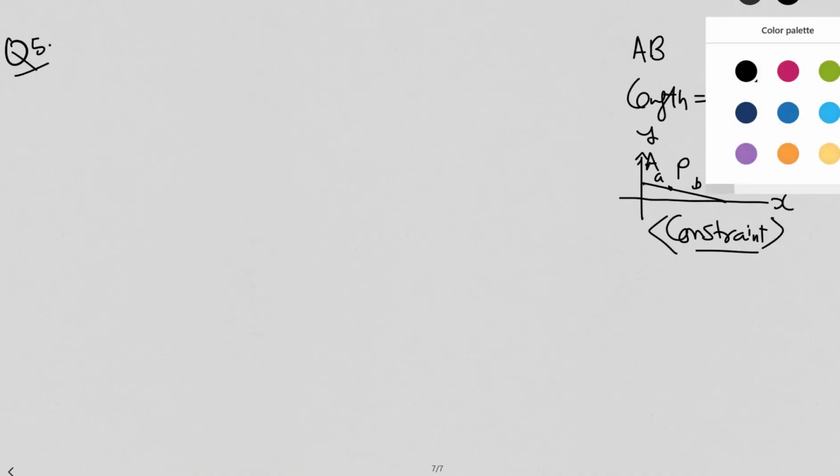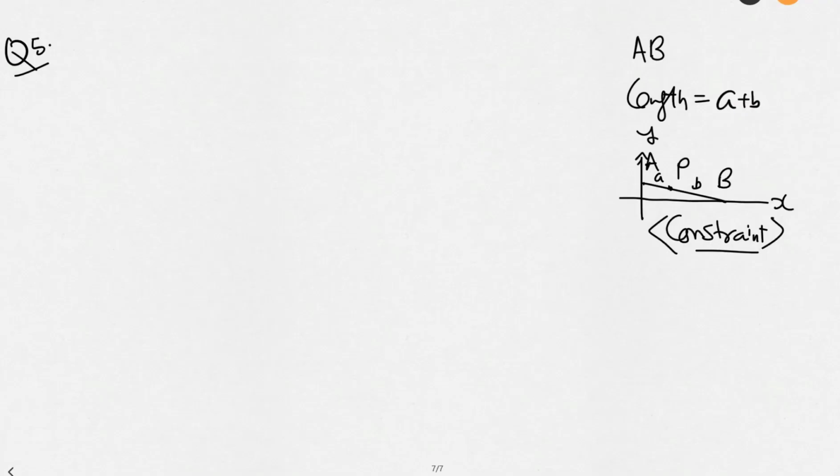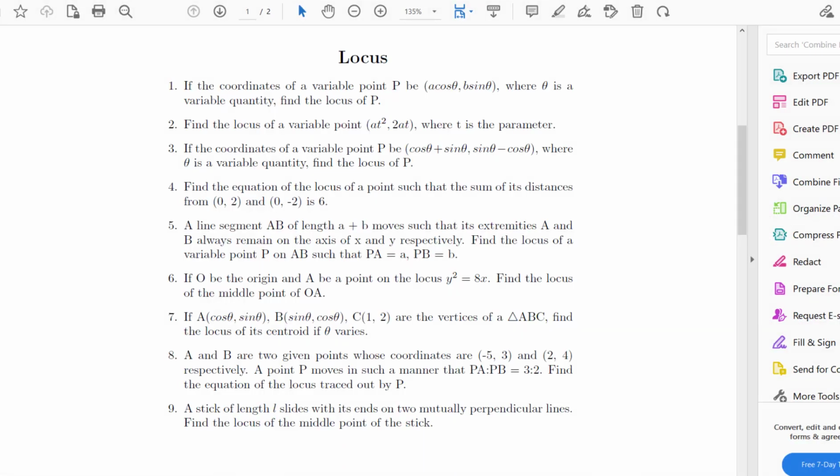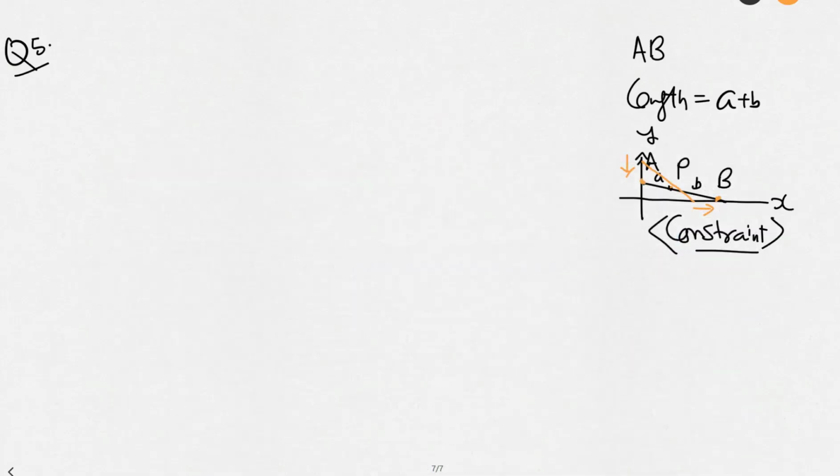The endpoints are moving, right? Initially maybe the line was somewhere here, it is moving in this way. So this point is moving. The endpoints A and B are variable, and it says locus of variable point P such that PA and PB are a and b. So it is not talking about the midpoint or something, it is the point which divides in the ratio a to b, right? So I'll tell you two methods to solve.